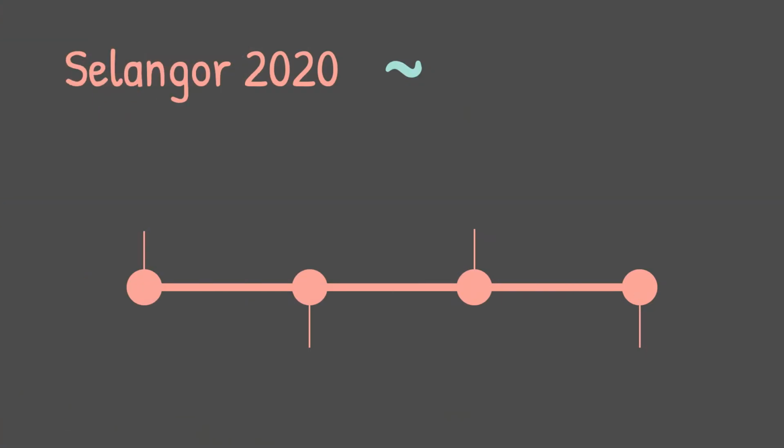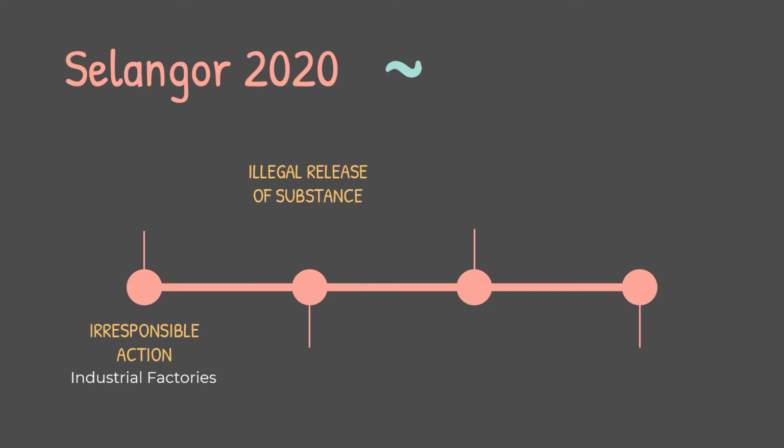According to the state government, the majority of the incidents happen due to irresponsible action by a number of industrial factories, for instance, illegal release of industrial effluents and toxic waste into rivers.